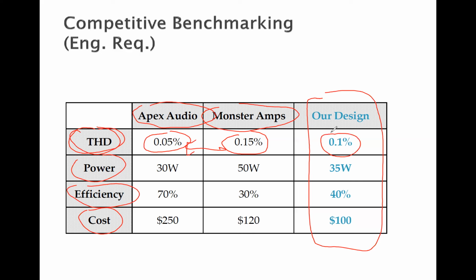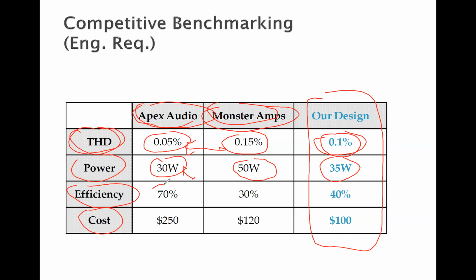This could be feasible in the sense that if you'd like to commercialize our design, then we have to target a total harmonic distortion somehow comparable with those in the market. So we can choose something like this. For power, it's 30 watt here and 50 watt here. So we simply try to be more conservative and close to this 30 watt.